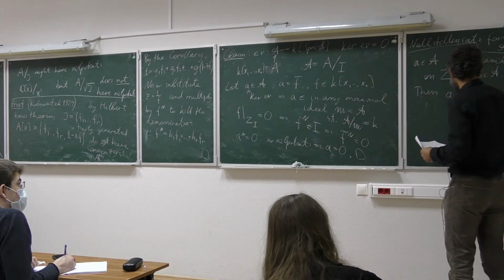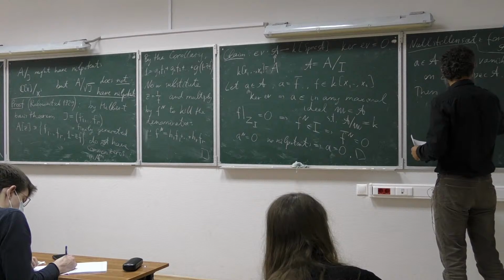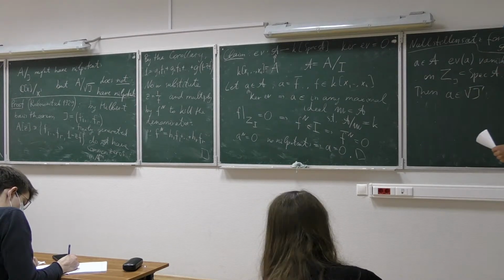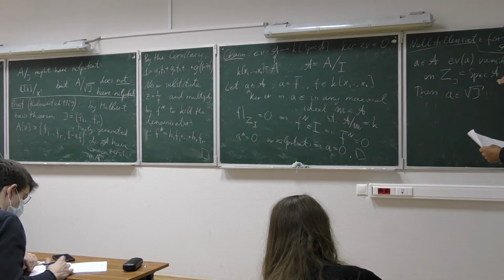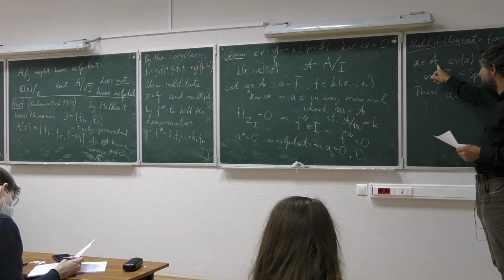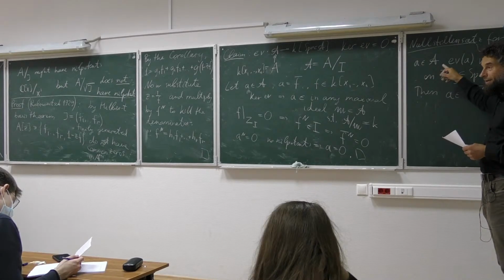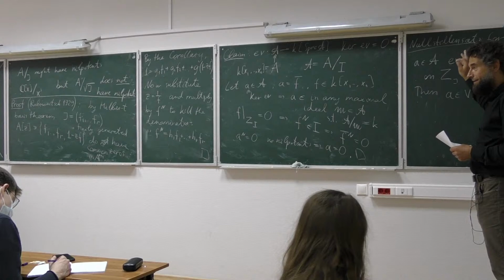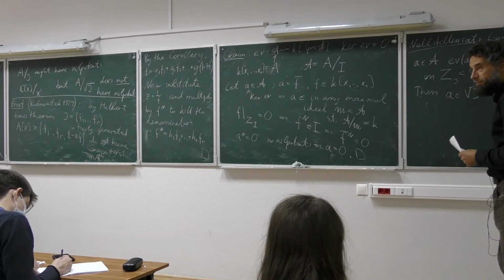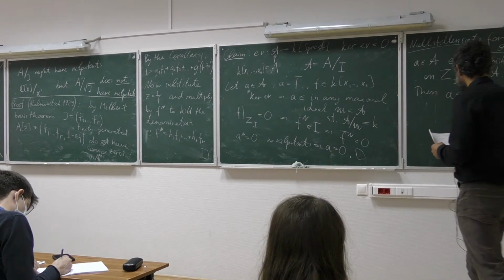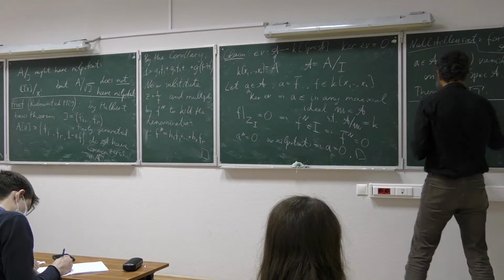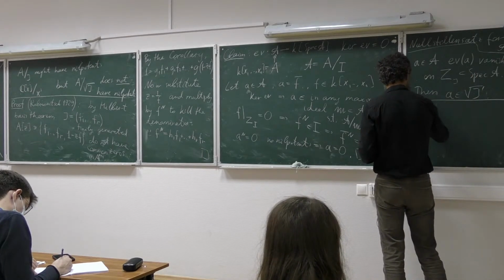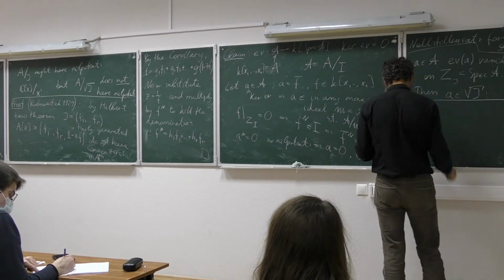In other words, A lies in the radical of ideal J. Okay, just what we had before, only not for the polynomial ring, but for an arbitrary finitely generated ring without nilpotents. Okay, and the proof immediately reduces to the polynomial ring.